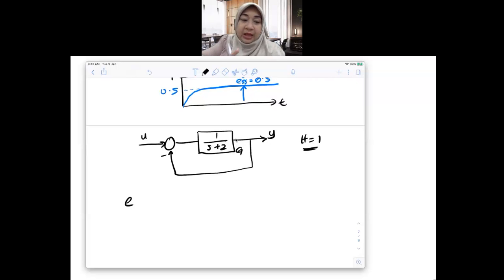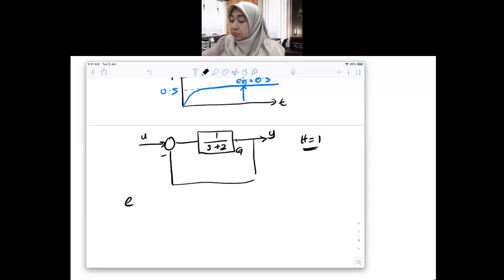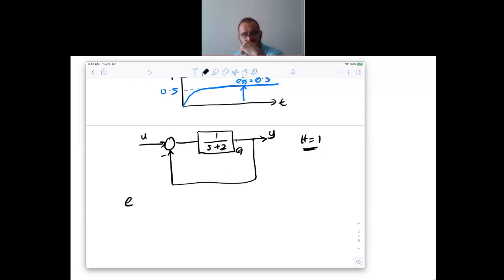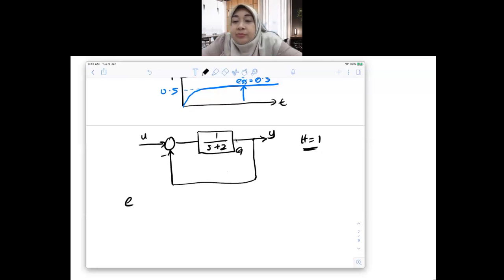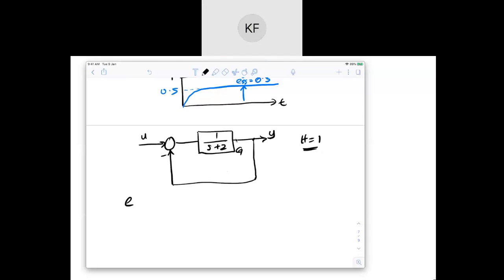Now that you close the loop, maybe the system performs better, isn't it? Do you think the error will be reduced or not? Should be better. Saleh, do you think so? Khaled, do you think it's better? Yeah, you said better.